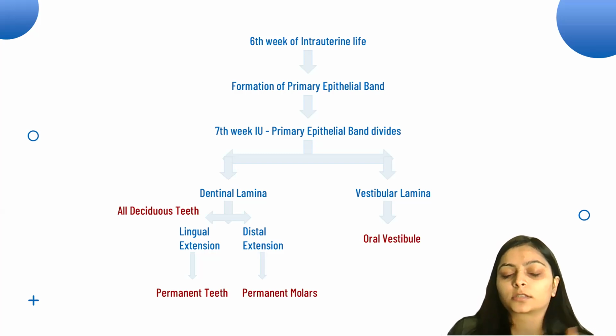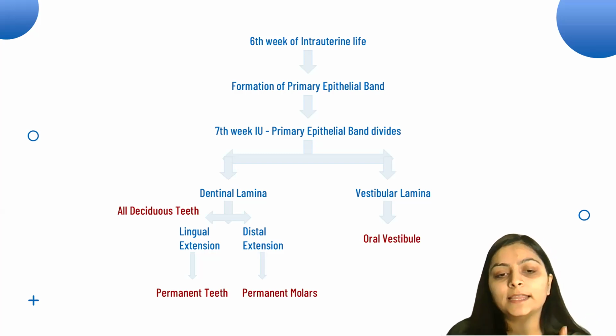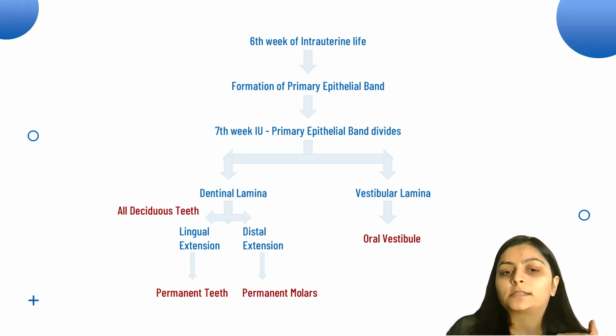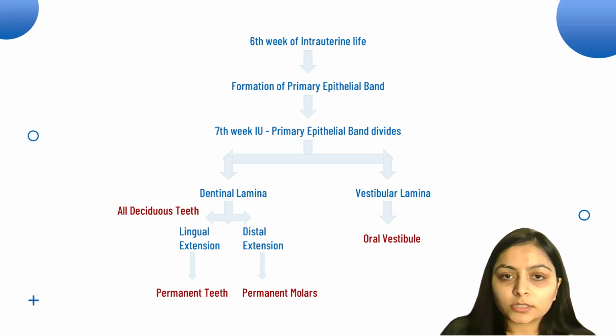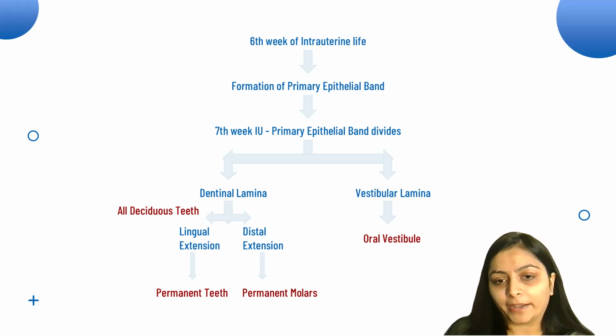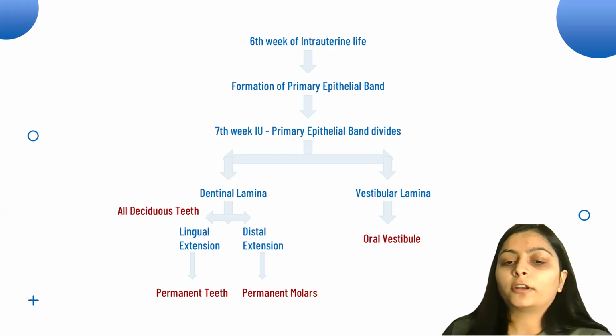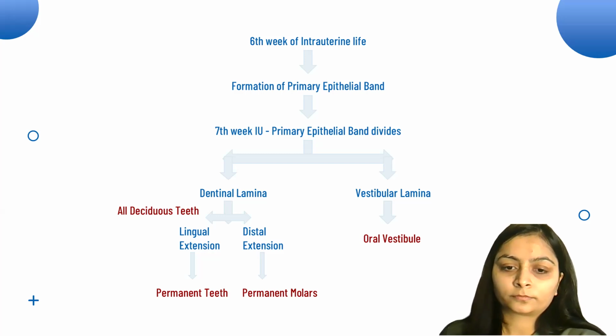The lingual extension is responsible for all succedaneous permanent teeth, whereas the distal extension is responsible for the development of permanent molars, which don't have any succedaneous teeth. The vestibular lamina is responsible for the development of the oral vestibule.